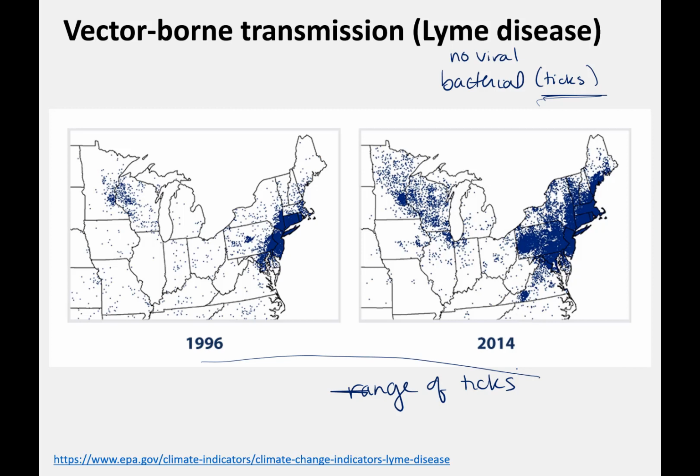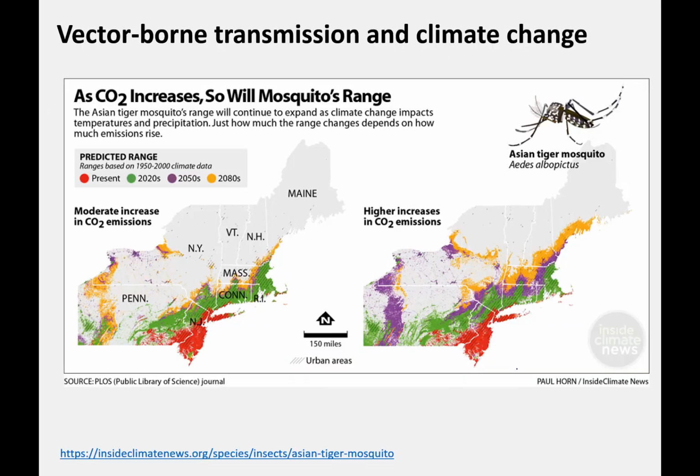So as we're increasing our warming of the climate, right, these mosquitoes can live further and further up north. It's nice and warm. They're not going to die off. So climate change is a huge factor in spread of vector-borne diseases.